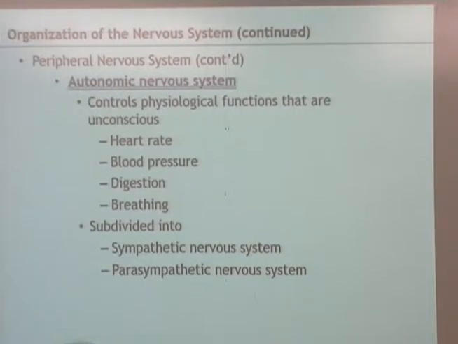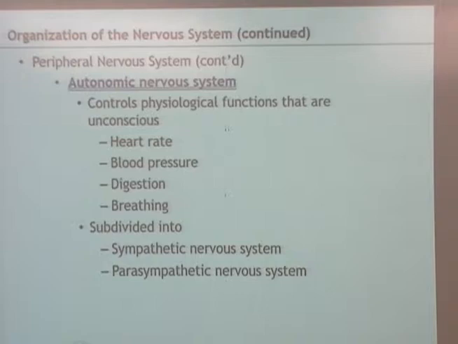You can override breathing and make it conscious. Right? If you think about it, if you fall into a swimming pool, you can hold your breath for a while, right? Not permanently. You can override the autonomic nervous system control of breathing for a little while. But for most of these functions, we don't have any voluntary control over what's going on.